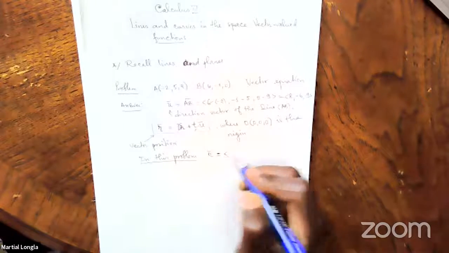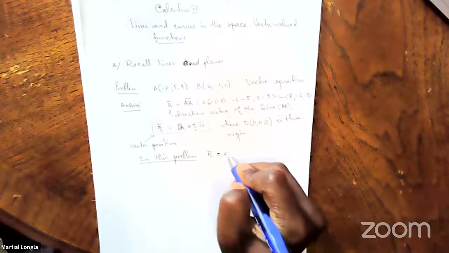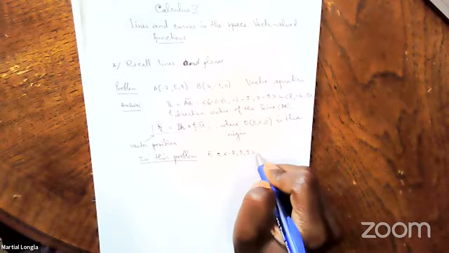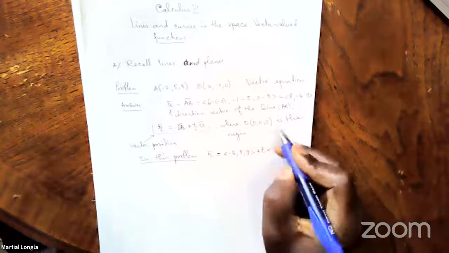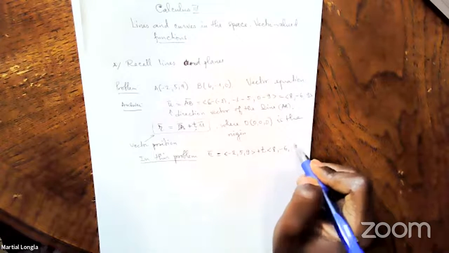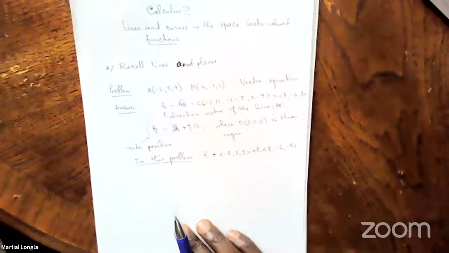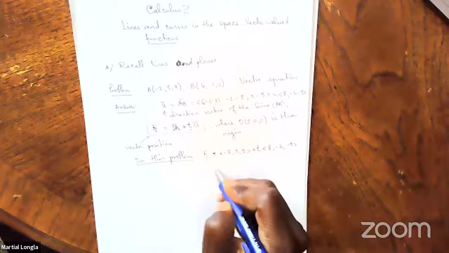The brackets that I put here indicate a vector. So that's -2, 5, 9 plus t times the vector u, 8, -6, -9. And I think this is what is expected of you in that problem, to just put the point that is here and put the vector that goes there.